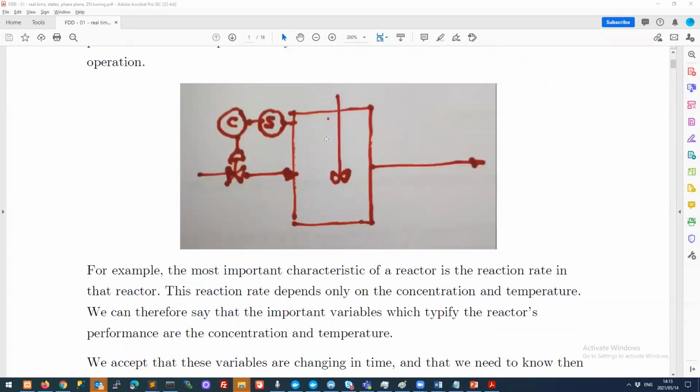There exist some states in this unit that matter to us. For example, if this is a reactor, then the concentration in the reactor and the temperature in the reactor are the sorts of things that we want to control. To exert control on those types of states, we typically do it with streams.